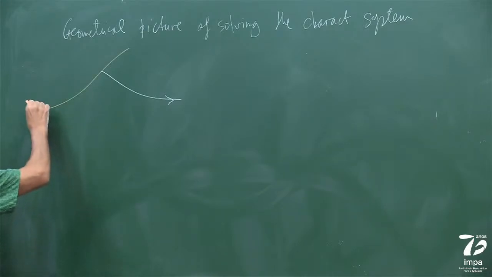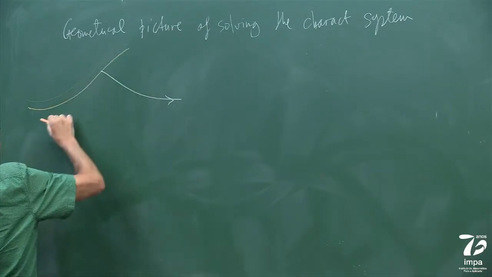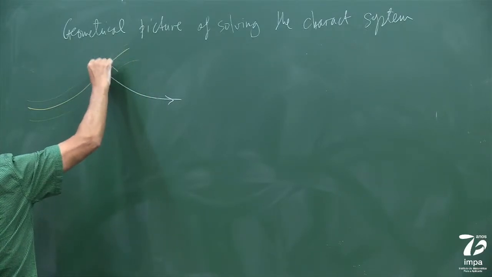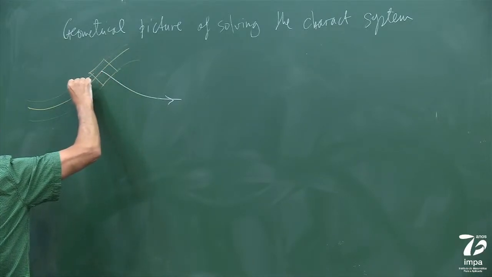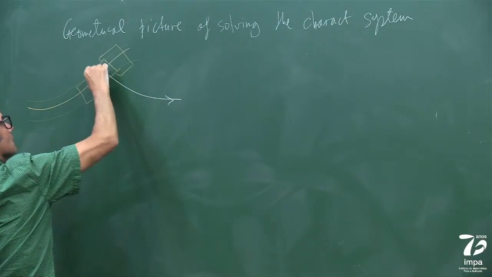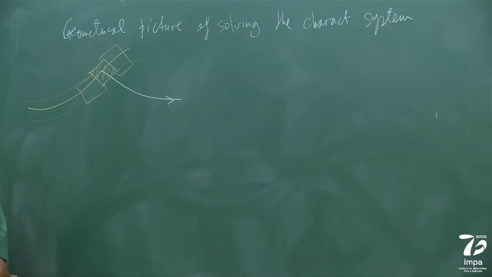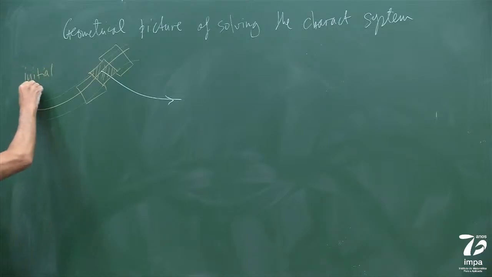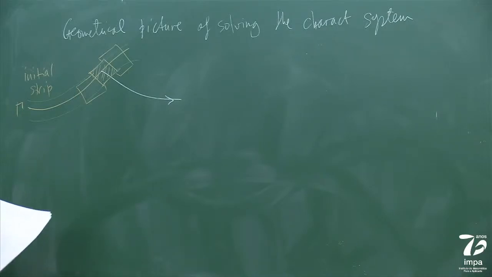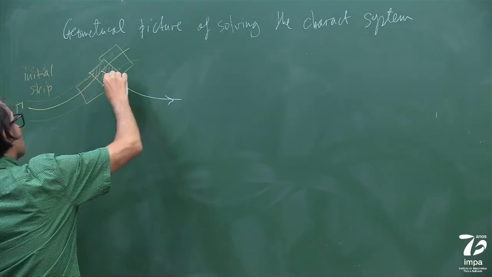So we're going to have here, I may call this the initial strip. This is the curve gamma. And here I'm going to have this.